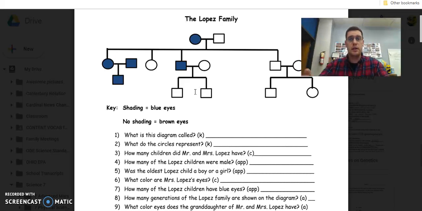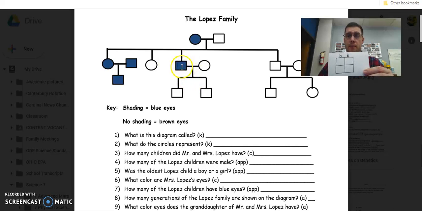Well, just the exact same way that we did with Mr. and Mrs. Lopez. We know the son in this case, because the son is shaded in. So in this case, the Lopez son, who is the father in this cross, we know he's homozygous recessive.